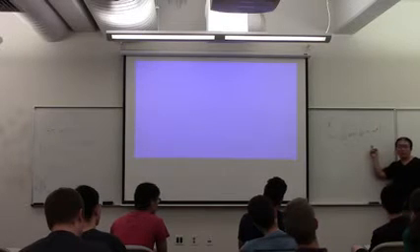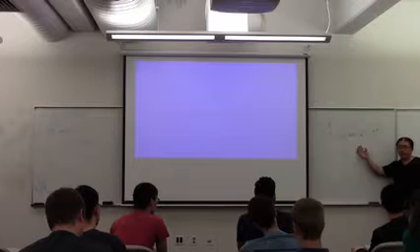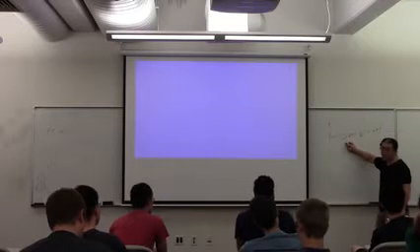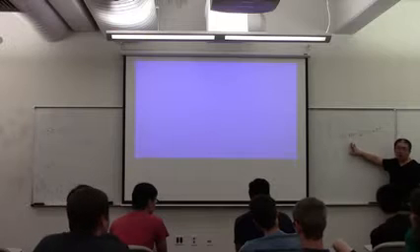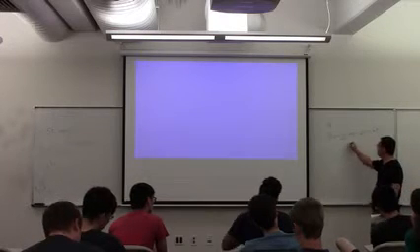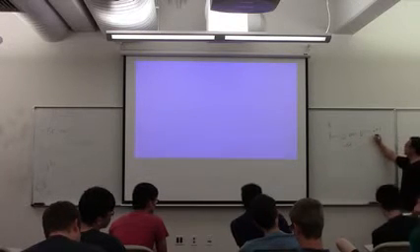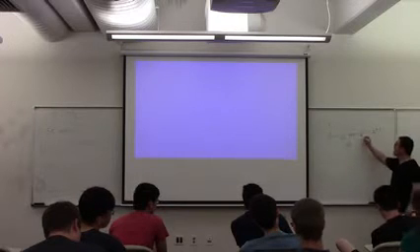So this is the PDF of the Gaussian random variable. And we can say this PDF is actually determined by two parameters. One parameter is mu here, right? And the other parameter is sigma.